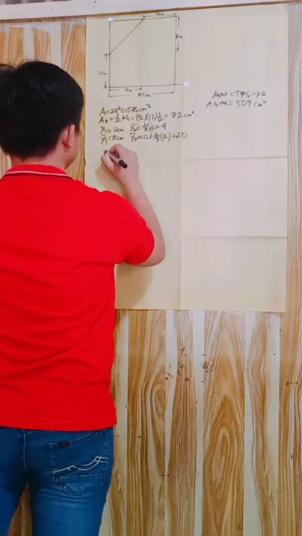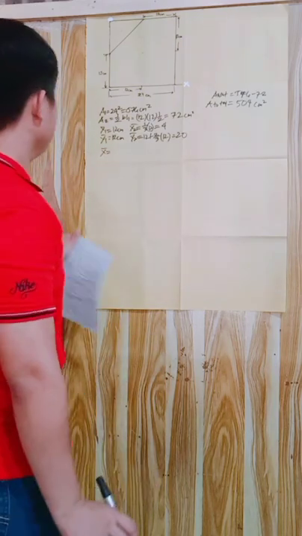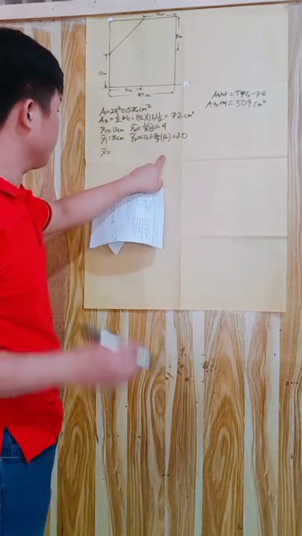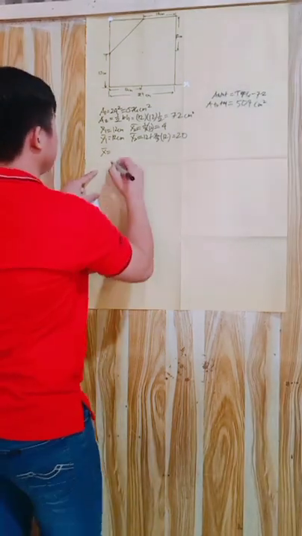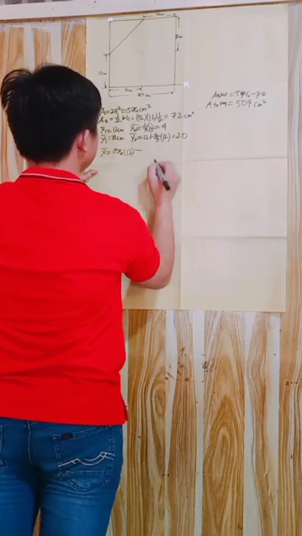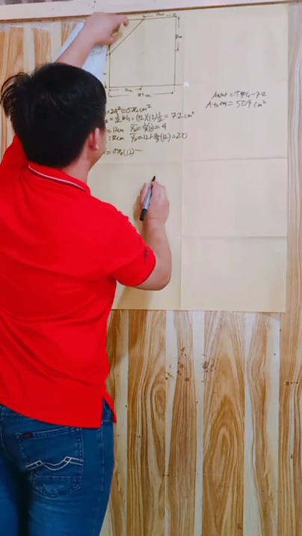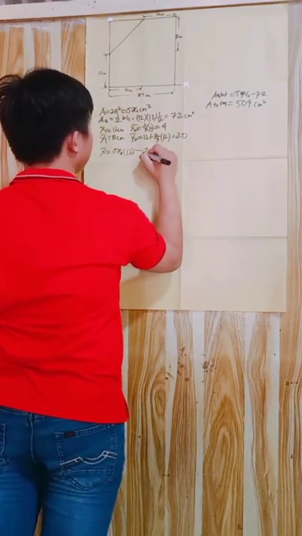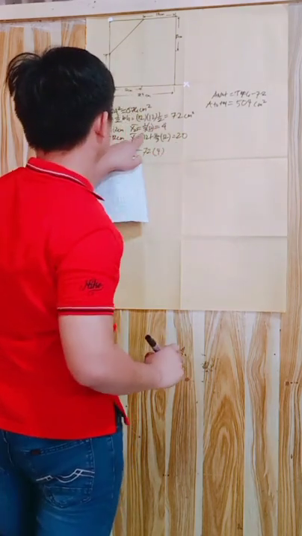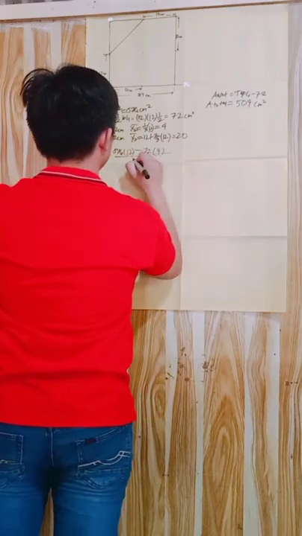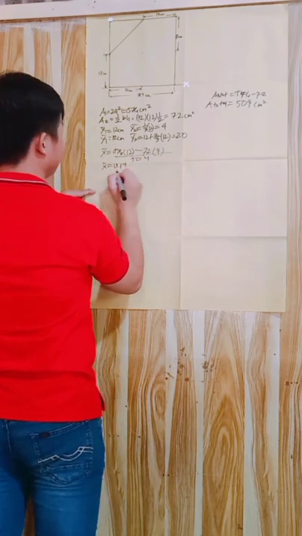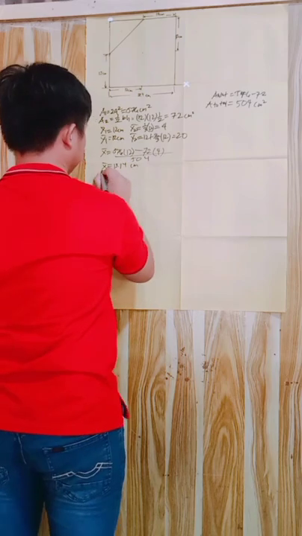Then, to get the x bar, we need to multiply area 1 by x bar sub 1 and area 2 by x bar sub 2, divided by the area total. So, area 1, 576 times x bar 1, minus, because this is not part of it, that 72, the area of this, times 4, x bar 2, divided by 504. X bar is equal to 13.14 centimeters.